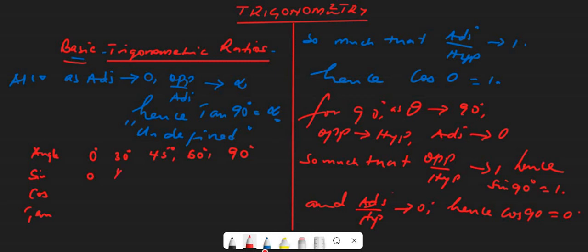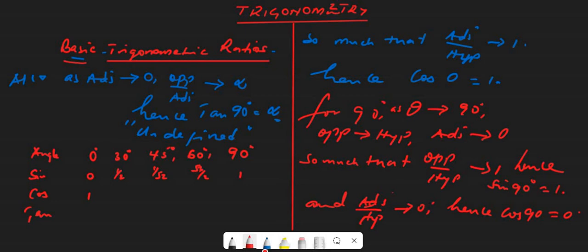We also saw that the sine of 30 was a half, and the sine of 45 was 1 over root 2. We also found that the sine of 60 was root 3 over 2, and the sine of 90 was 1. We saw that the cosine of 0 we found to be 1.